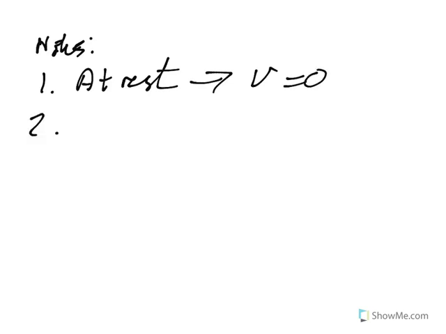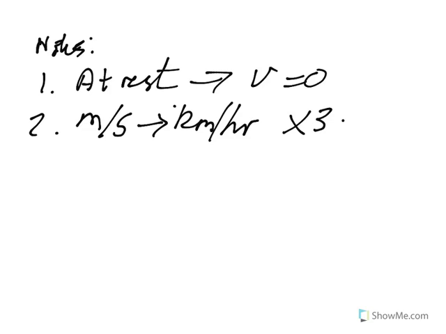The second thing is metres per second to kilometres per hour. You times by 3.6, and obviously if going the other way you do the opposite.